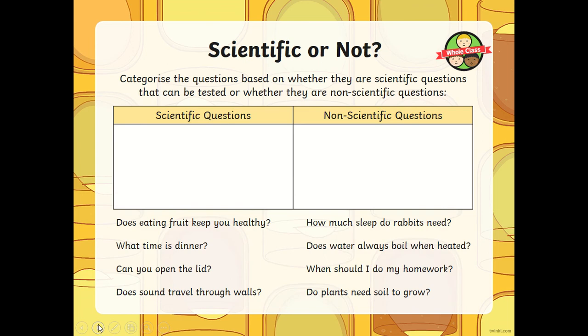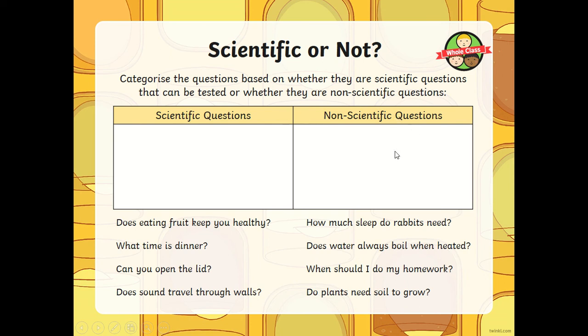Okay, right, let's have a look at what we would class as a scientific question or not a scientific question. Okay, if they can be tested. So I've got a chart here. You don't have to do anything. We'll just think to ourselves. So scientific questions, non-scientific questions.